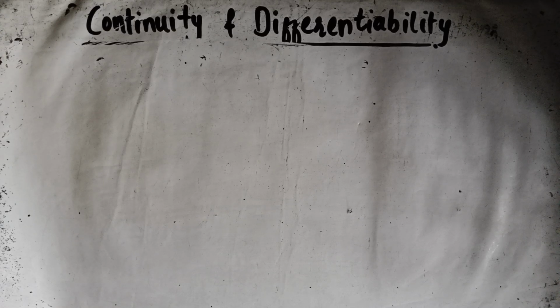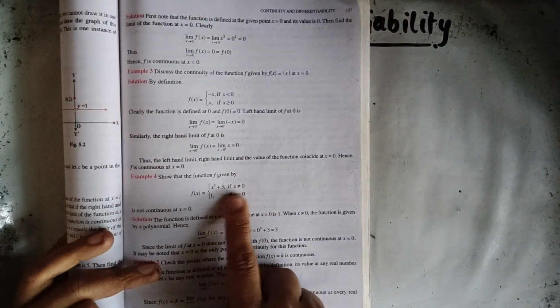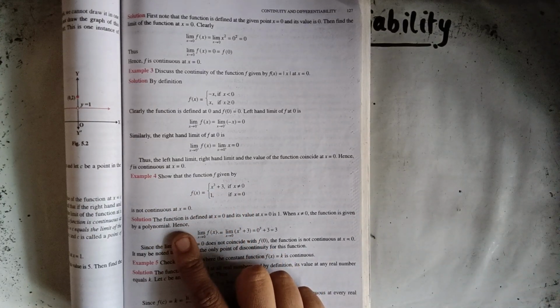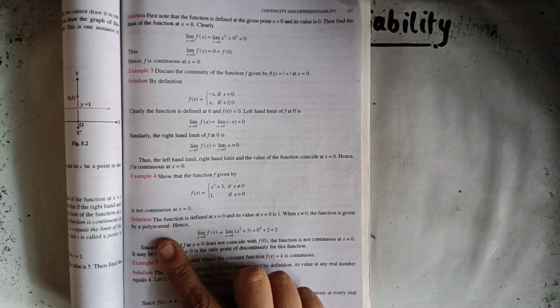Then they have taken one more example, that is f of x equal to x cube plus 3 for x not equal to 0 and 1 if x is equal to 0. For x not equal to 0, the function is given by a polynomial.